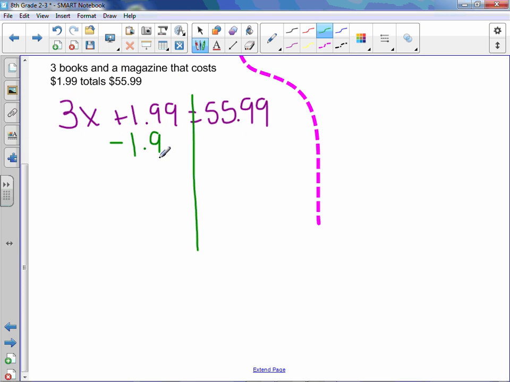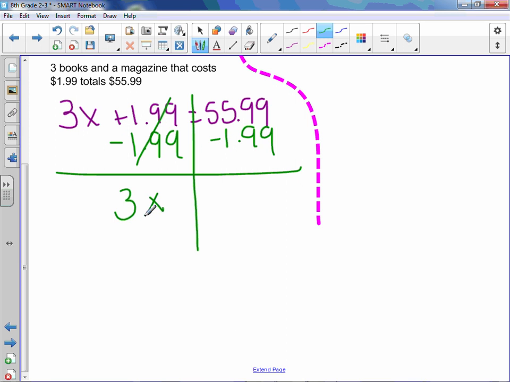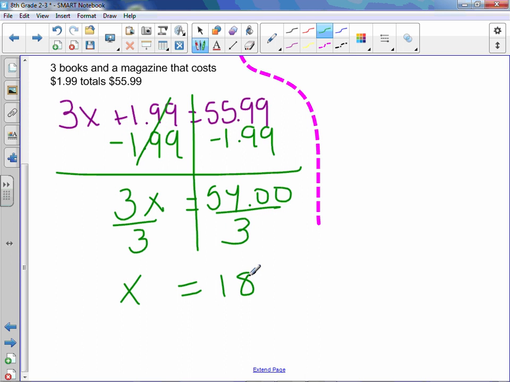Subtract $1.99 from both sides. 3x equals $54. Divide by 3. X equals 3 goes into 5 once, $18.